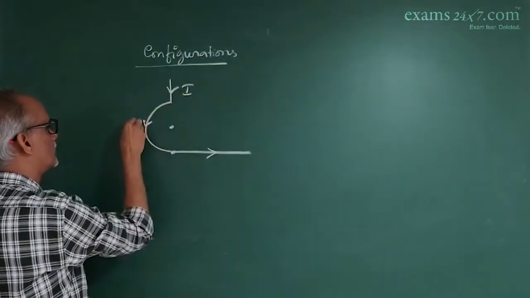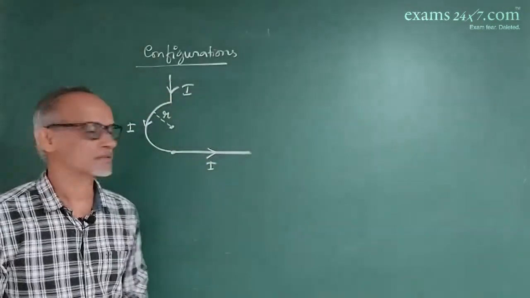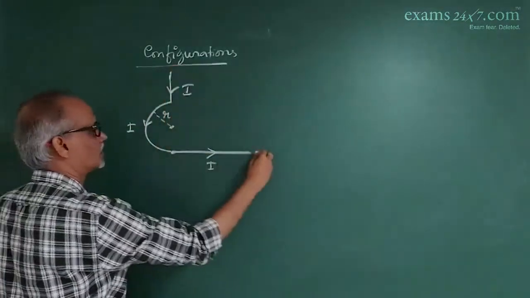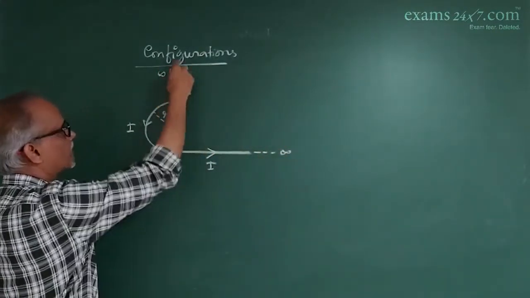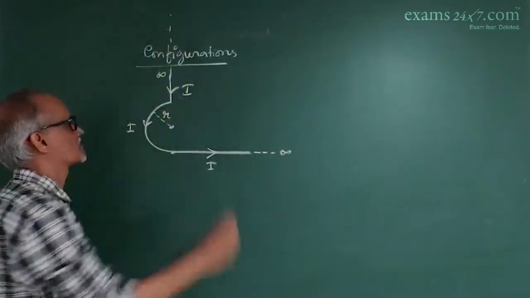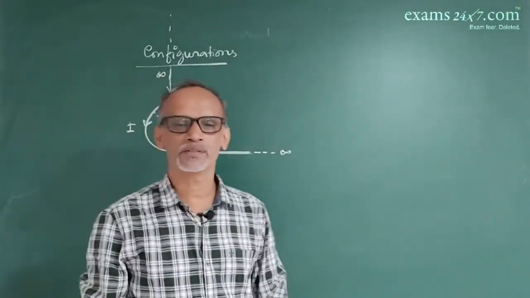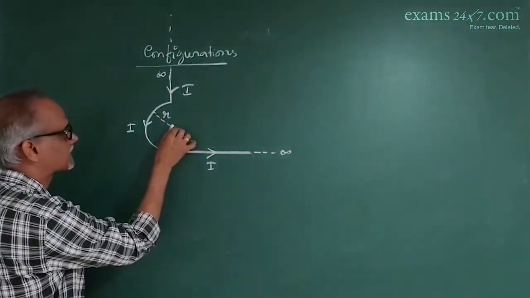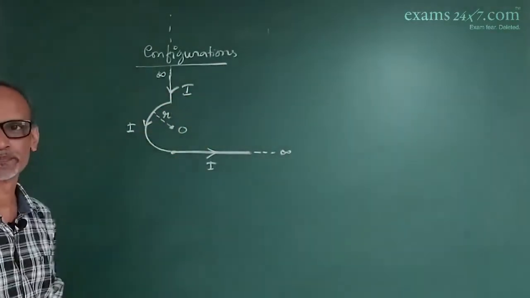We have two long straight conductors, one here and the other here, extended like this, and then we have a semicircular coil. We'll be asked to find the resultant magnetic field at the center of this arrangement.